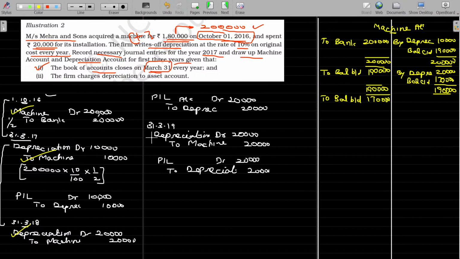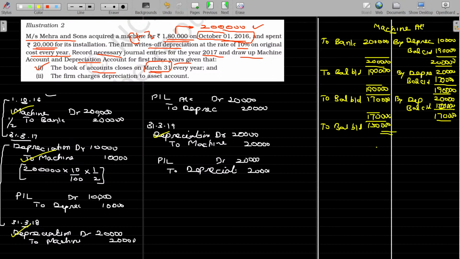And in the next year again, I charge another depreciation of 20,000, by depreciation 20,000. After that, the balance being, sorry, 1,50,000. To balance brought down, 1,50,000.